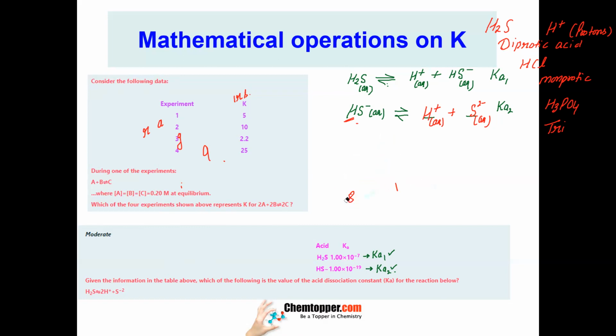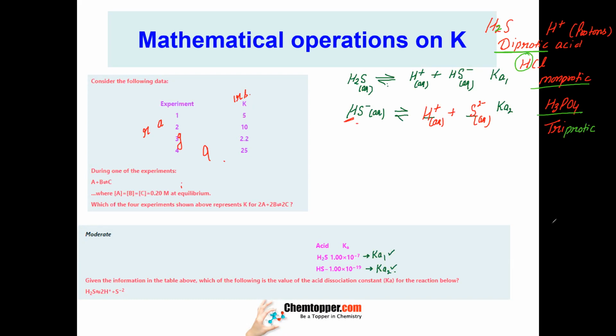Okay. So I was telling you about the monoprotic, diprotic, and triprotic acids. Diprotic when there are two hydrogens, monoprotic when there is only one hydrogen, triprotic if there are three hydrogens.